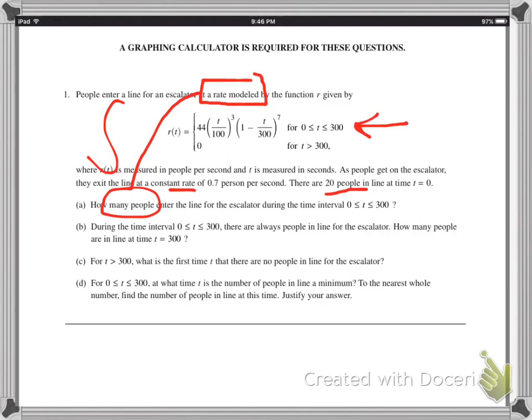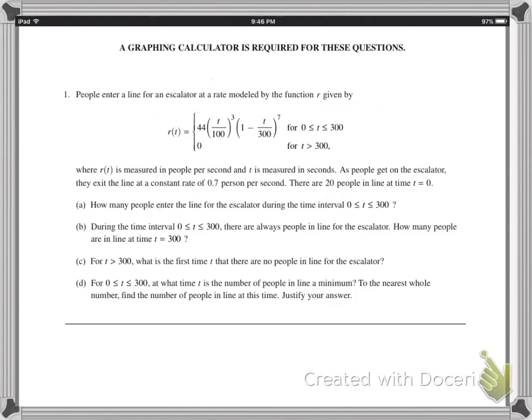Let's look at part B. Actually, let me get rid of some of this distracting ink here. So now, question B says, during the time interval between 0 and 300, there are always people in line for the escalator. How many people are in line at t equals 300?